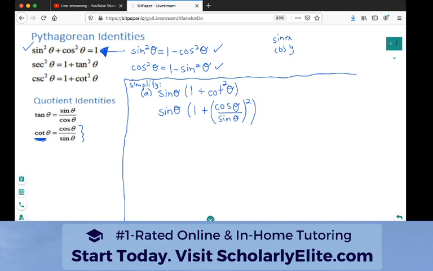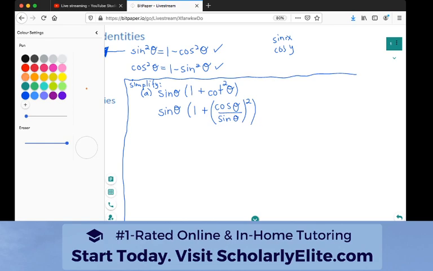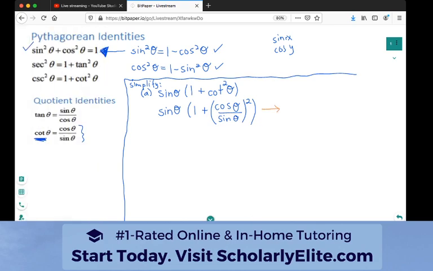And this is the same thing as saying I could rewrite this as x times 1 plus y over x squared.